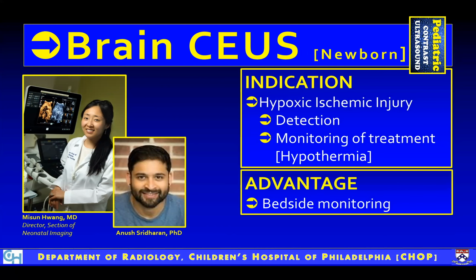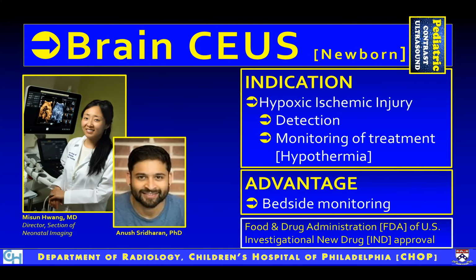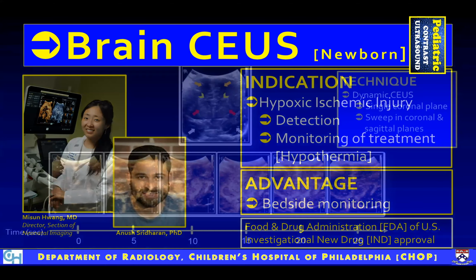Again, here, the advantage is bedside monitoring of very sick newborns that are hard to transport with all the equipment they are attached to for MRI evaluation. And we have an IND from the FDA, and we are doing this now as a prospective study evaluation.